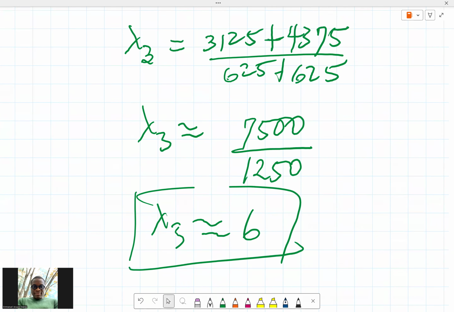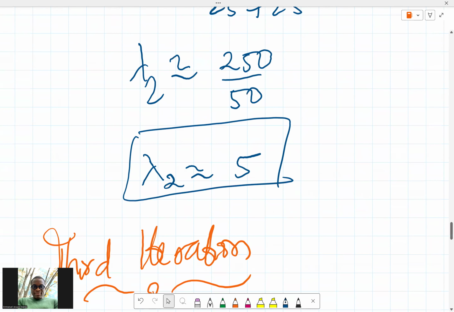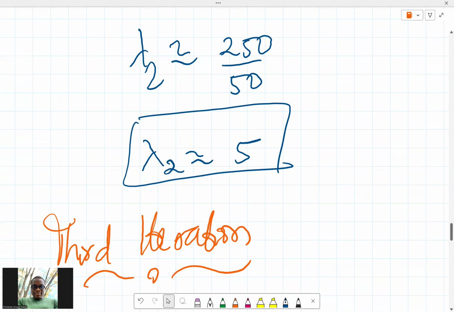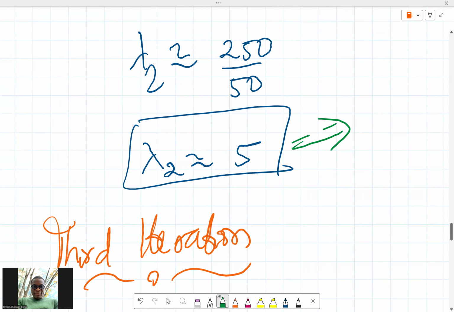At this point, we have got what the answer should really be. So we can even conclude that the dominant eigenvalue is 5.